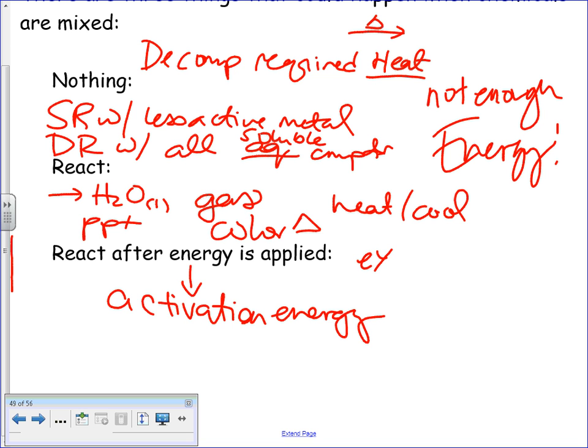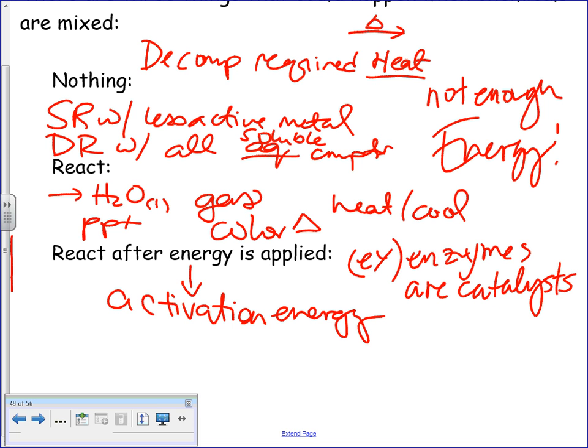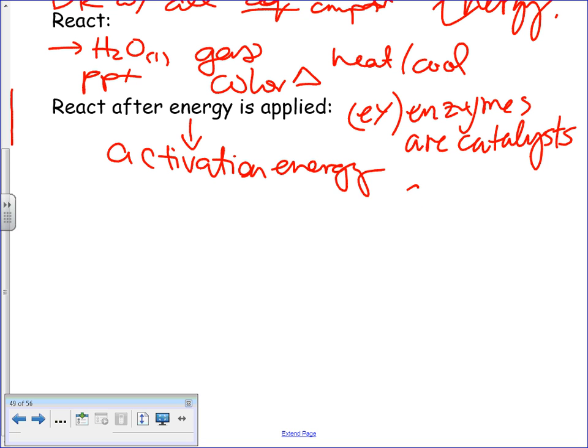So an example, something you're quite familiar with, are enzymes, and enzymes are catalysts. What did I just say catalysts do? They speed up a reaction by lowering activation energy. EA is activation energy.